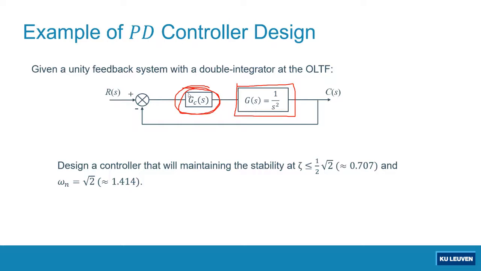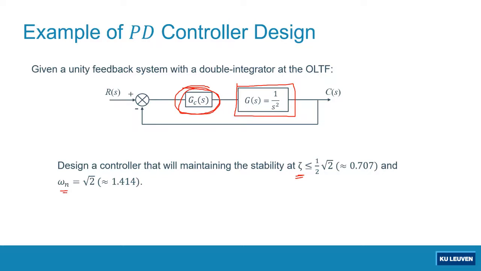So in this example of a PD controller design, the requirement is that we want to improve the transient performance. Transient performance can be represented as a requirement of a certain damping ratio to be achieved and a certain undamped natural frequency to be achieved.